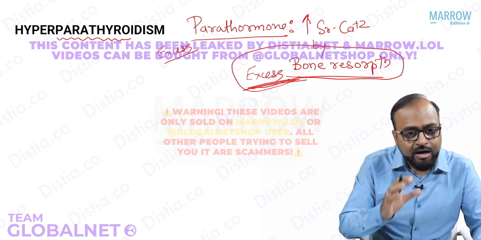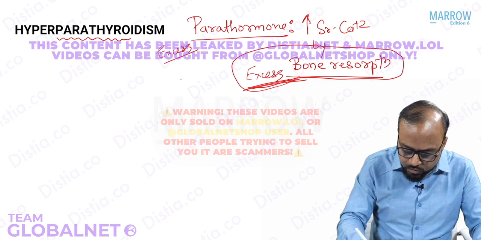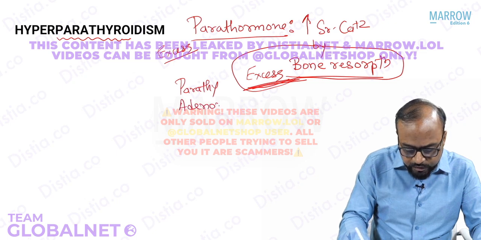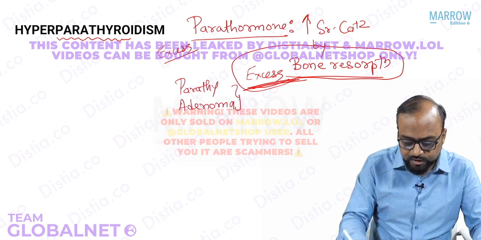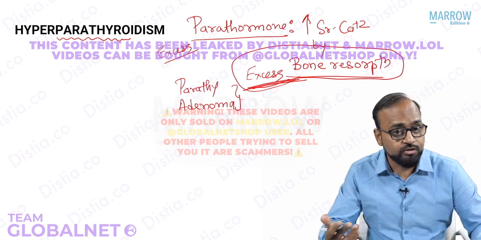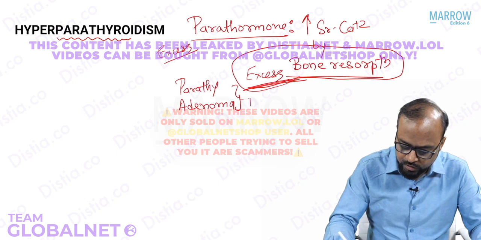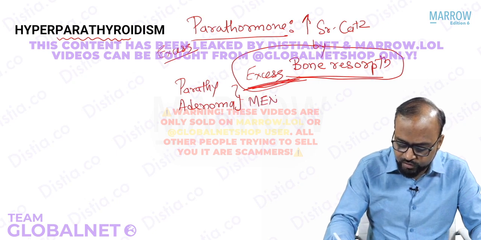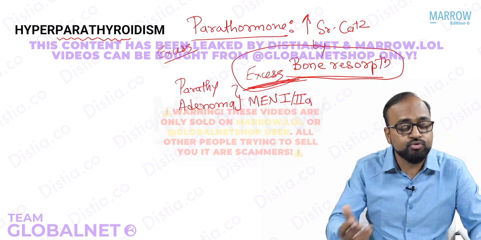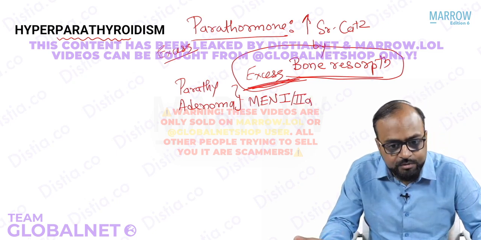Now, this parathyroid tumor is called a parathyroid adenoma, right? And a parathyroid adenoma is going to secrete excess parathormone, which is going to give rise to excess bone resorption. There are certain associations. It is associated with multiple endocrine neoplasia type 1 and type 2A. So it is associated with MEN 1 and 2A types, right?